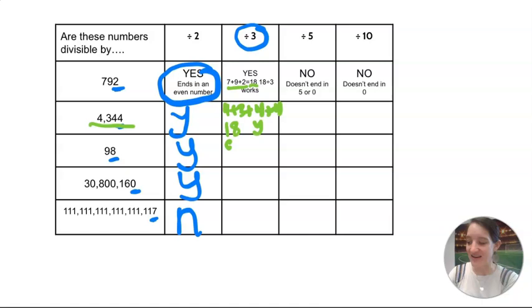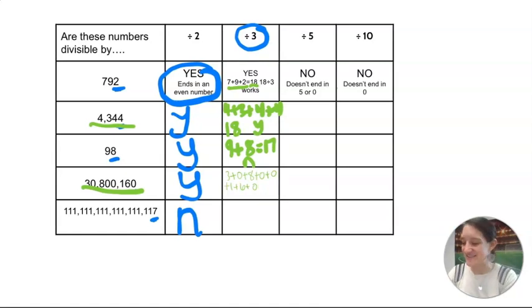What about 98? 9 plus 8 equals 17. 17 is not divisible by 3. Oh, this is a big one. Let's go 3 plus 0 plus 8 plus 0 plus 0 plus 1 plus 6 plus 0. 3 plus 8 is 11, 12, 13, 14, 15, 16, 17, 18. That was also 18.